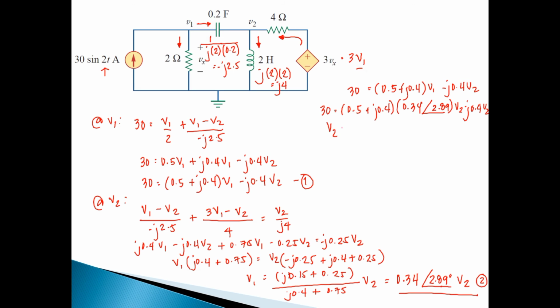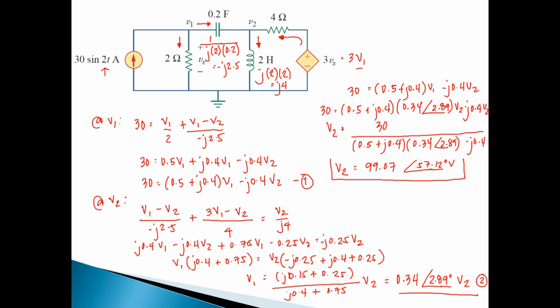So V2 would be equal to 30 divided by (0.5 plus j0.4 times 0.34 angle of 2.89 minus j0.4). So V2 is equal to 99.07 angle of 57.12 degrees volts. So you'll get this exact answer if you store the second equation.